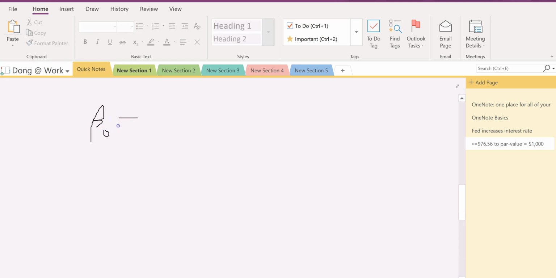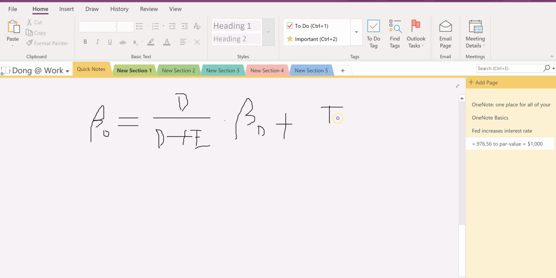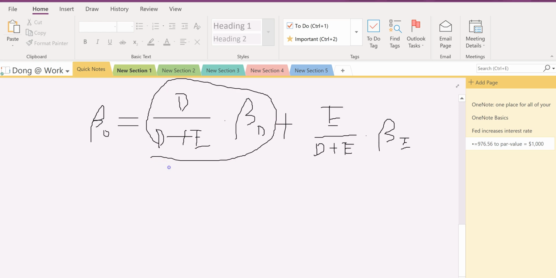So beta 0 equals D over D plus E times beta D plus equity value ratio times beta E. So what I want to do is to first move this first term to the other side.